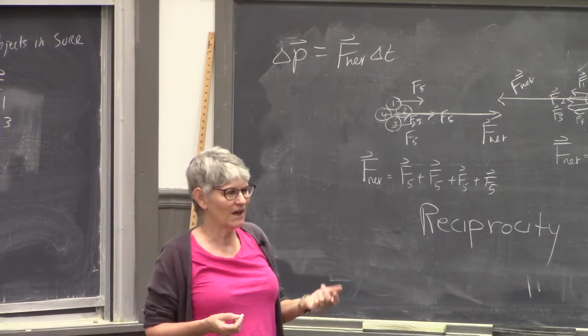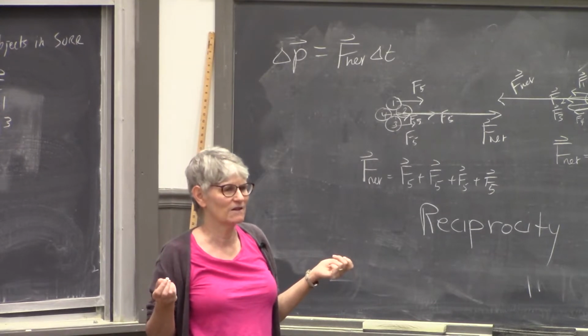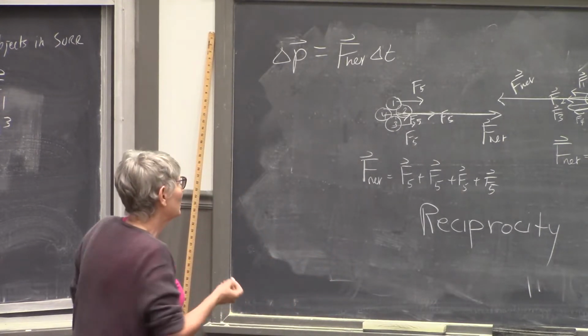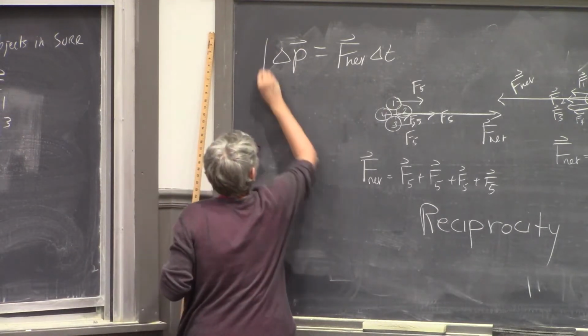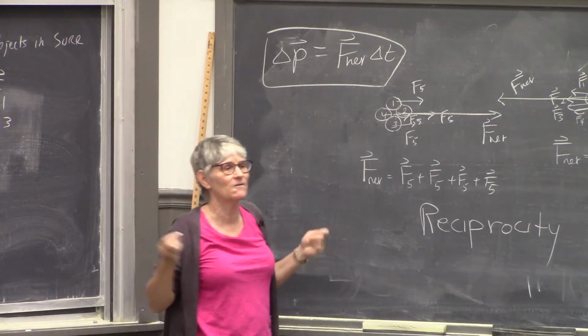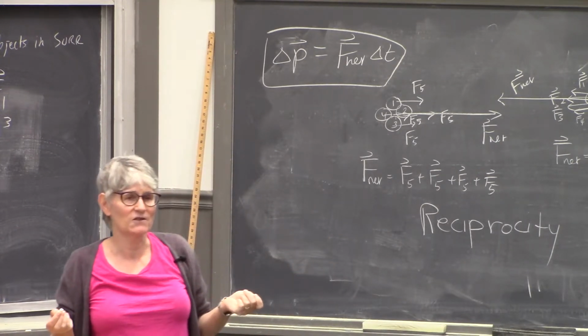And because of that, its velocity didn't change very much, whereas the mosquito's velocity changed a lot. So that same delta P was caused by the same F net, but the effect is very different just due to the very different masses of these two objects.